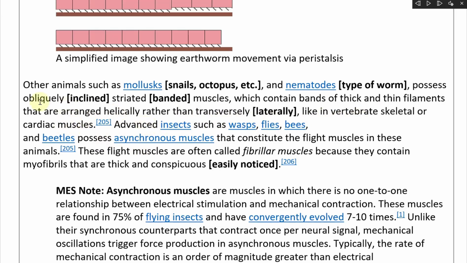So you have inclined, striated bands of thick and thin filaments arranged helically rather than transversely, or side to side.